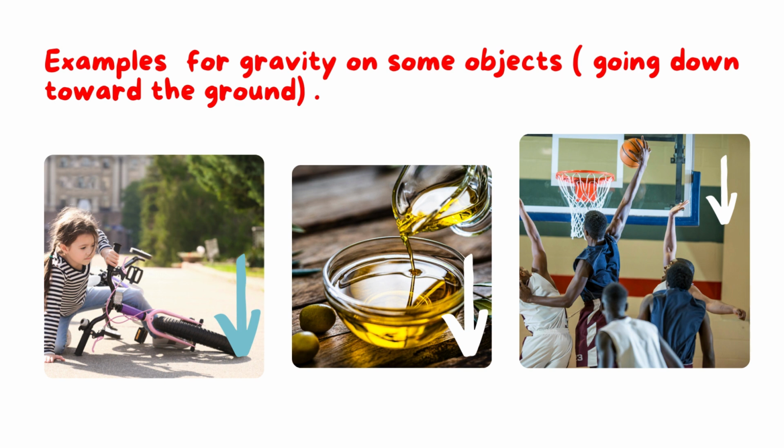Also, we have an example of the basketball player when he throws the ball in the air, so the ball will fall down toward the ground. Why does this happen? Because of the effect of gravity that pulls the ball toward the ground.